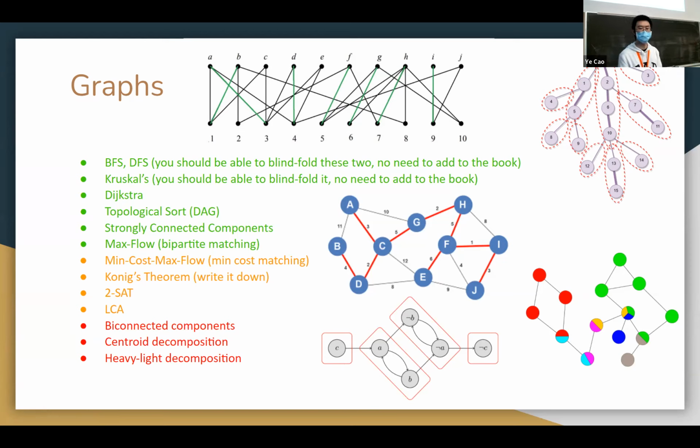Centroid decomposition is a decomposition of a tree that allows you to do certain things in amortized log time. And heavy-light decomposition is really a data structure that breaks a tree, as you can see here in the upper right corner, into chains, such that you can query certain things on a tree in log squared n time.